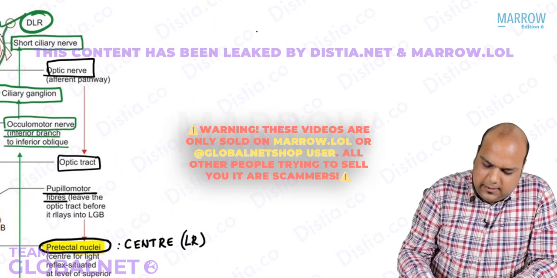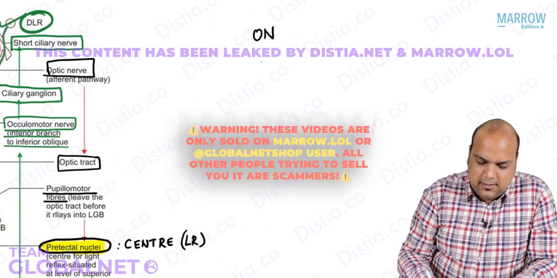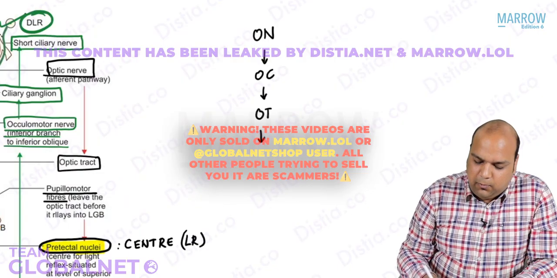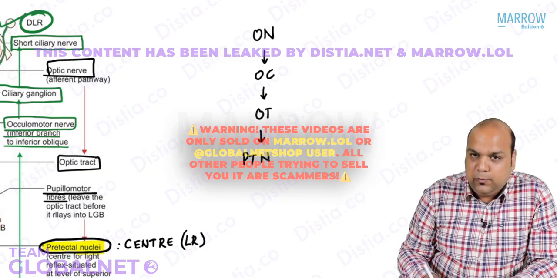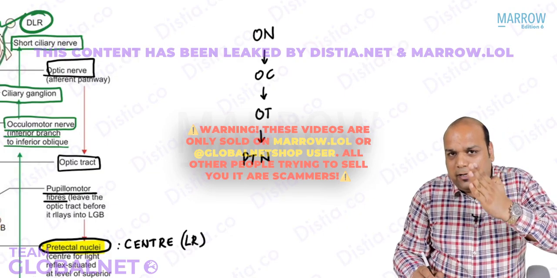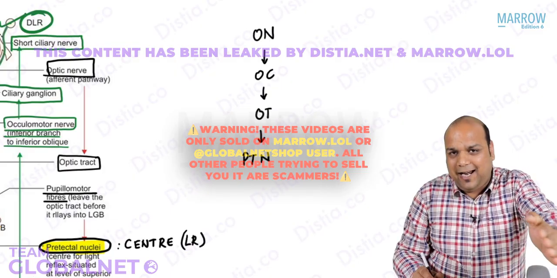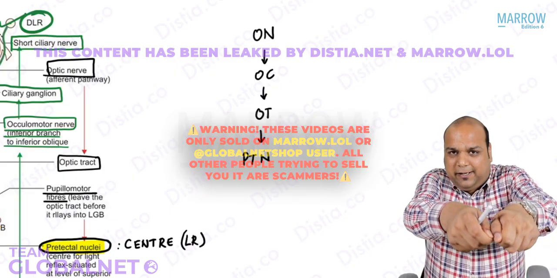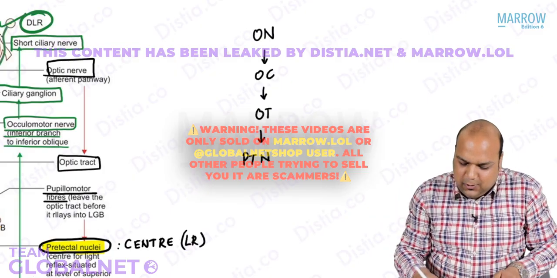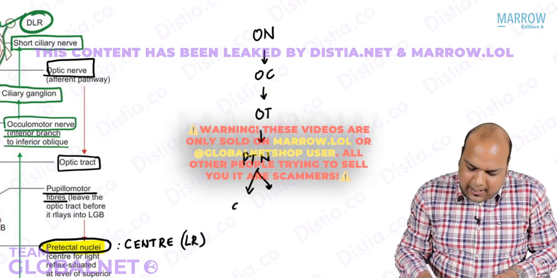Let's see, first I am writing it. Optic nerve, yes. Then see optic chiasma, temporal part, optic tract. From optic tract, we go to pretectal nuclei. Remember, right optic nerve, optic chiasma, right optic tract, right pretectal nuclei. From right pretectal nuclei, internuncial neurons take it to both the Edinger-Westphal nucleus.